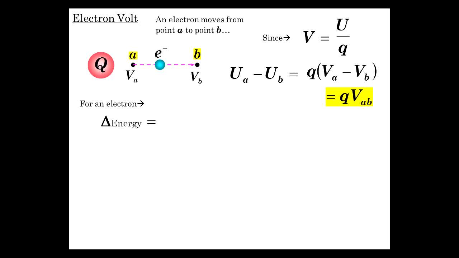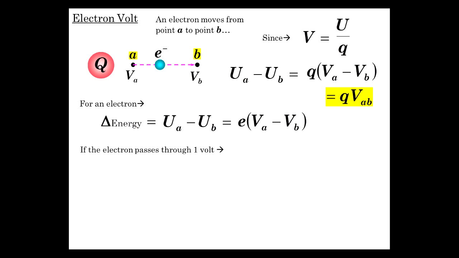Now for an electron, the change in energy in moving from A to B is UA minus UB, and that's the Q, which is the elementary charge e, times VA minus VB. So that's the change the electron goes through, and you could say that it either gains or loses kinetic energy equal to that much.